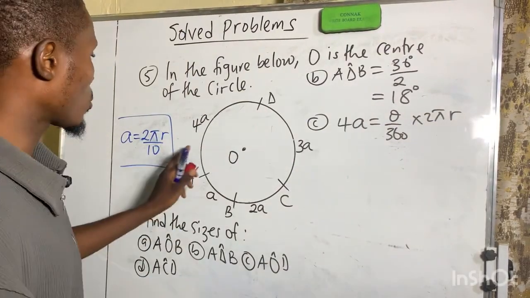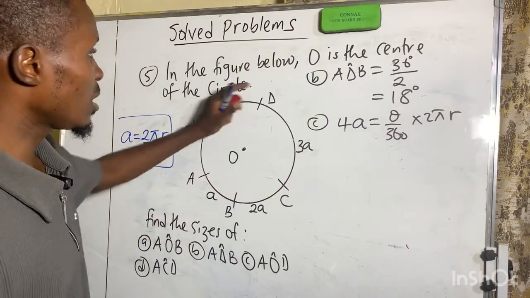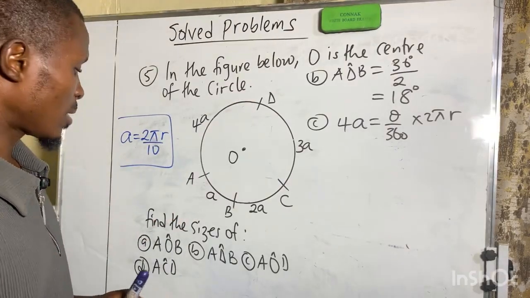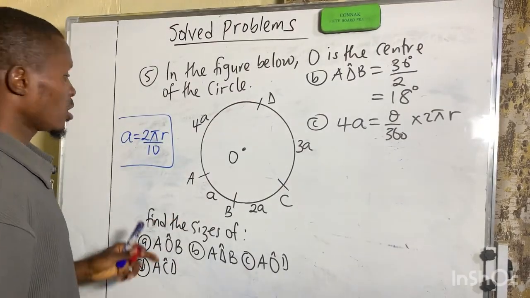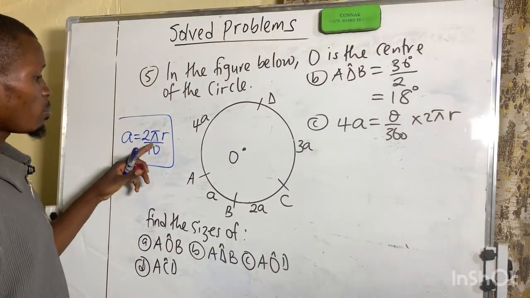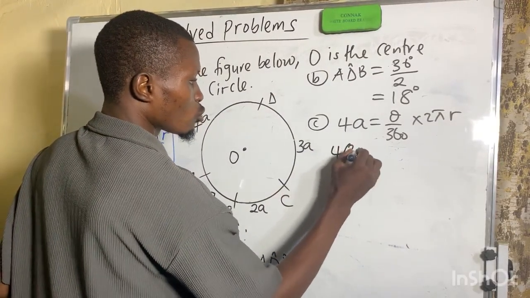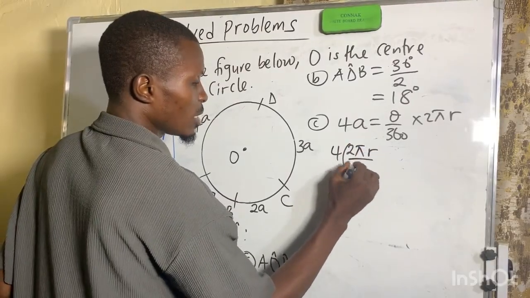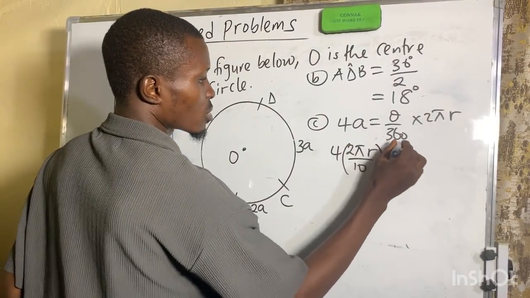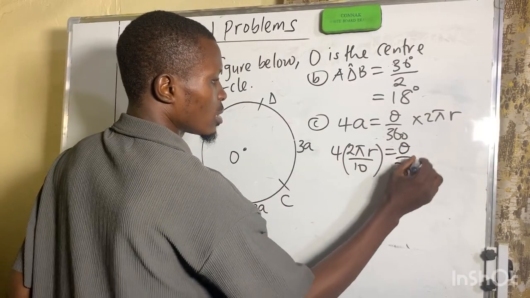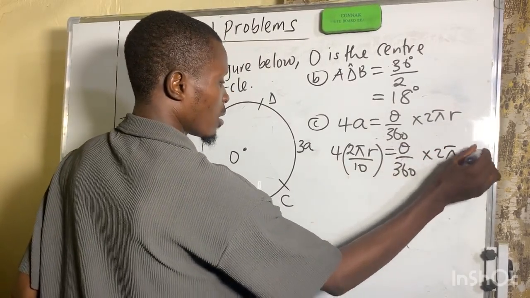This theta is the angle subtended by what? This arc AD at the what? Center, AOD. Okay. So remember, our A is what? 2 pi r over 10. So substitute, you have what? 4 into 2 pi r over 10. Okay. Equals theta over 360 times 2 pi r.